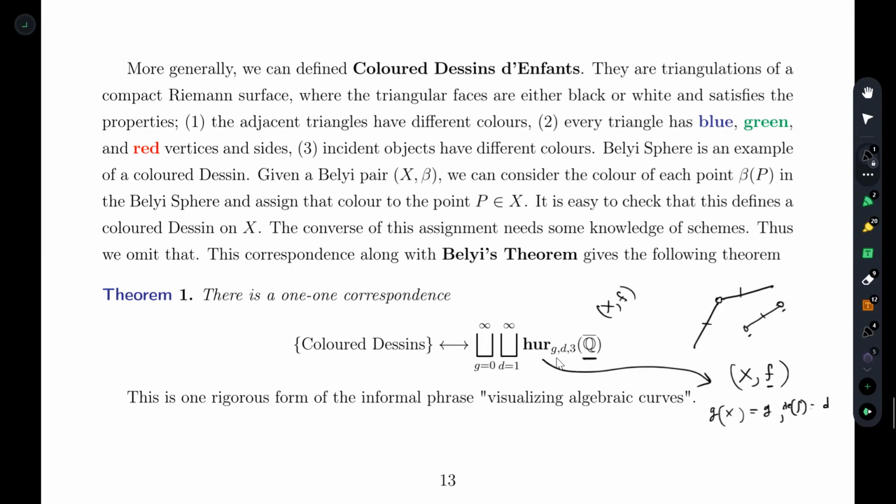It's not a priori clear that if you give me a compact Riemann surface, I will be able to give you the underlying algebraic curve, the polynomial. But it can be proved that every compact Riemann surface is an algebraic curve. Theoretically, it is.